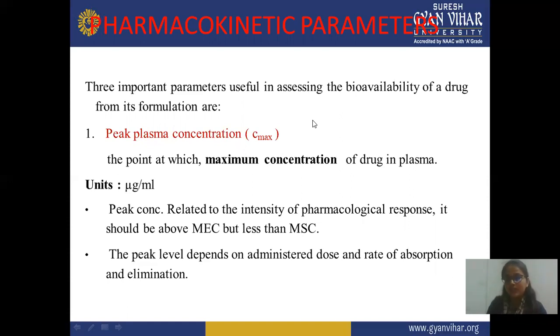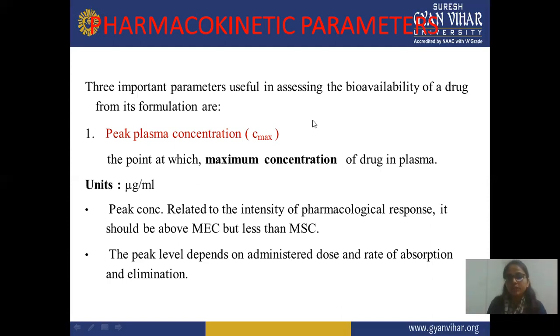First is the peak plasma concentration, also known as Cmax. It is the point at which the maximum concentration of a drug is observed in plasma, with the unit mcg per ml or mg per ml.